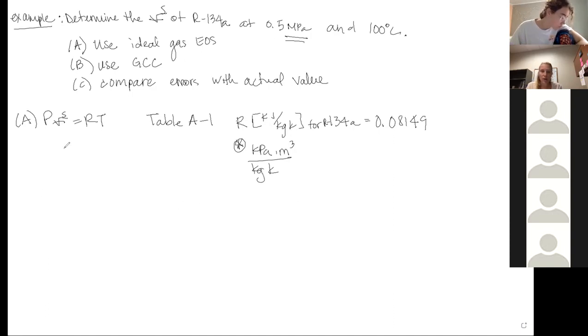All right, and then we know that pressure is given. So we have our R value. We know pressure is 0.5 megapascal. So how many kilopascals is 0.5 megapascal? 1,000. How many kilopascals is 0.5 megapascal? 500.